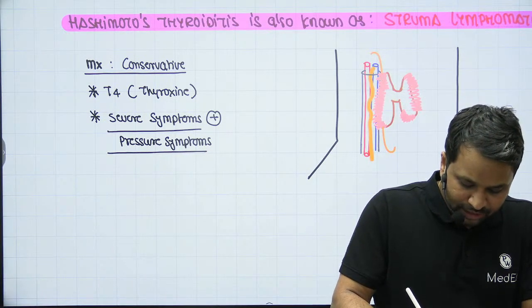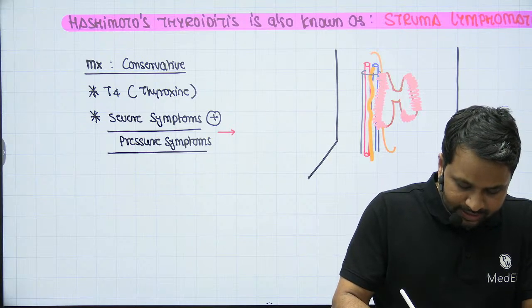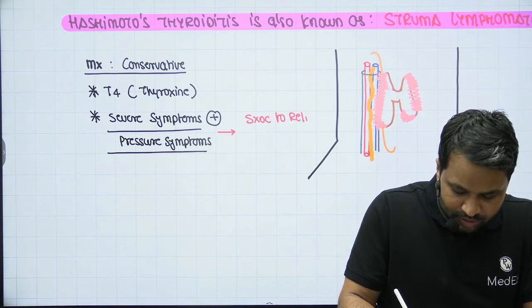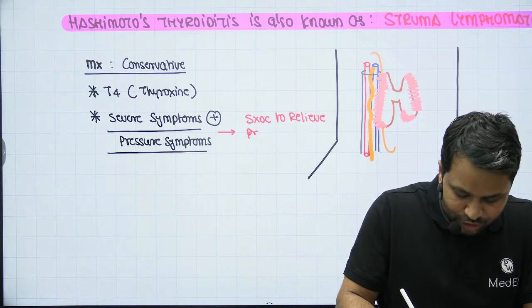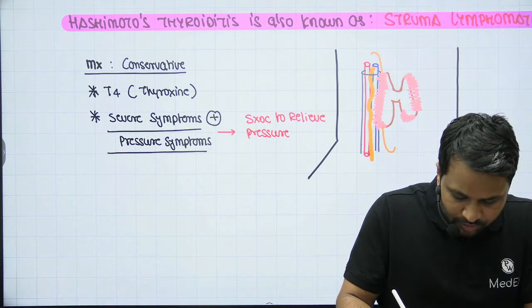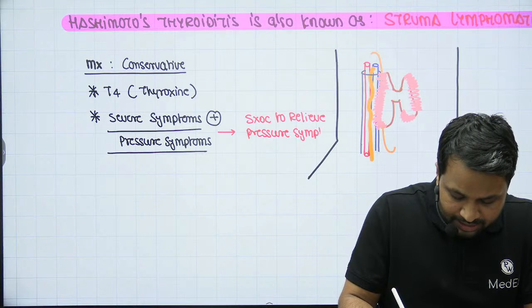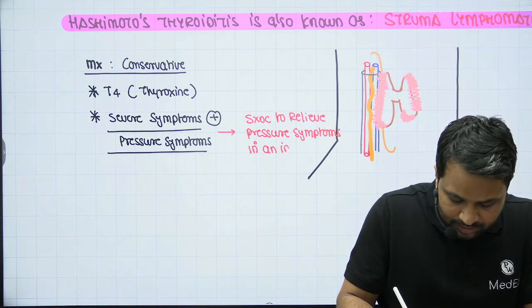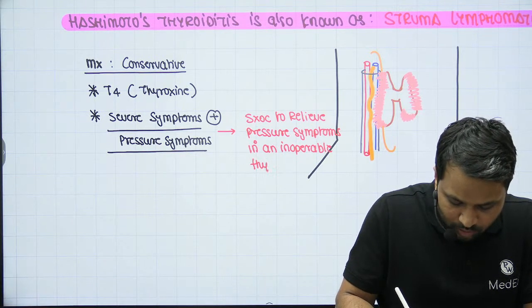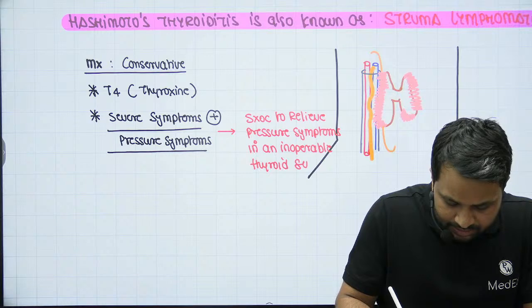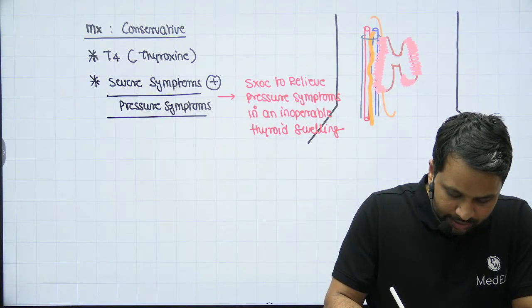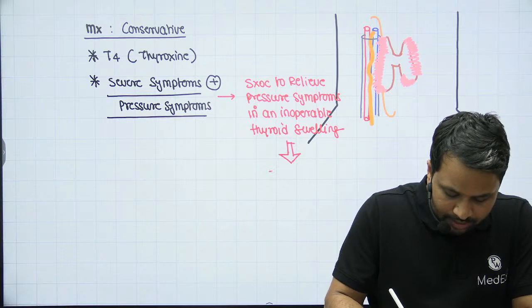Remember, for such patients, the surgery of choice to relieve pressure symptoms in an inoperable thyroid swelling is going to be isthmectomy.